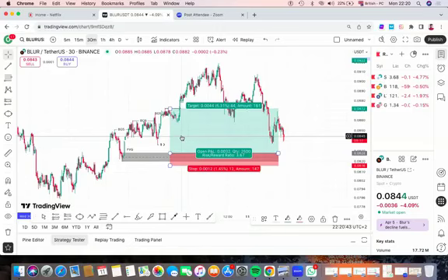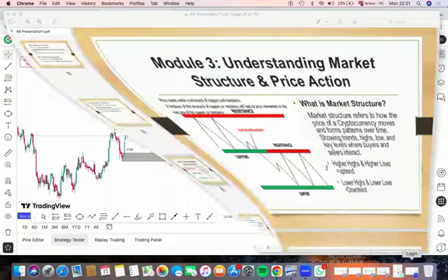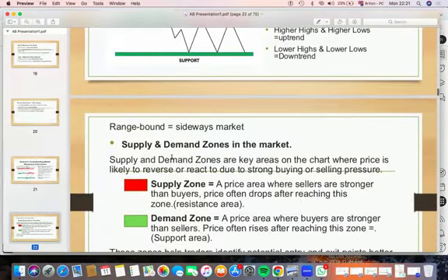What we mean by that is, when we say fair value, the value we are referring to is the liquidity, where we believe the smart money are putting their orders. When I was showing you this on the slide, I told you there is a zone we call the supply and demand zone, and we defined it.